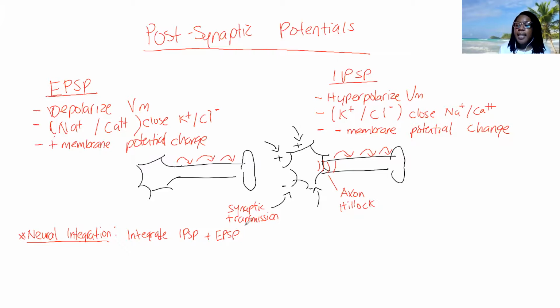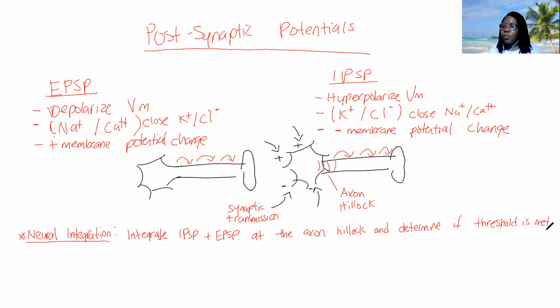All of that information is kind of taken into account, and we determine if we get to threshold. So integrate IPSPs and EPSPs at the axon hillock, and determine if threshold is met. And if we meet that threshold requirement, then we generate a subsequent action potential, okay?